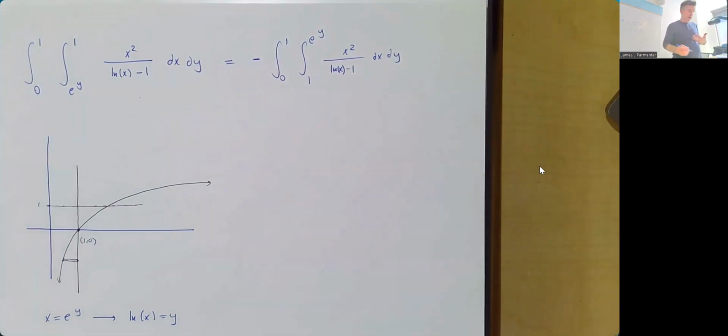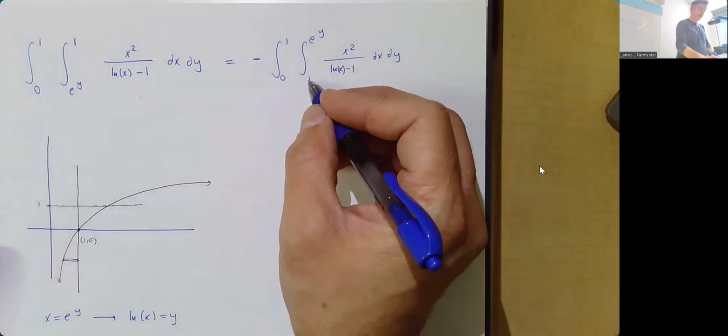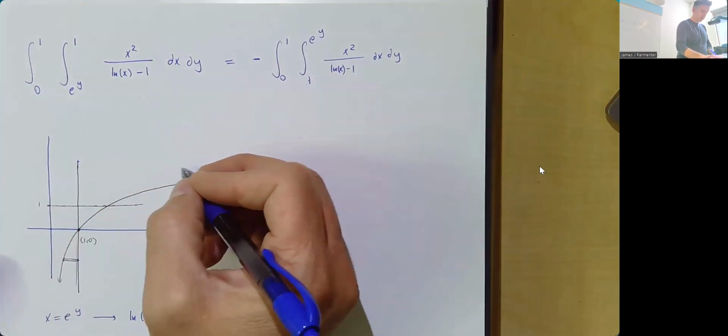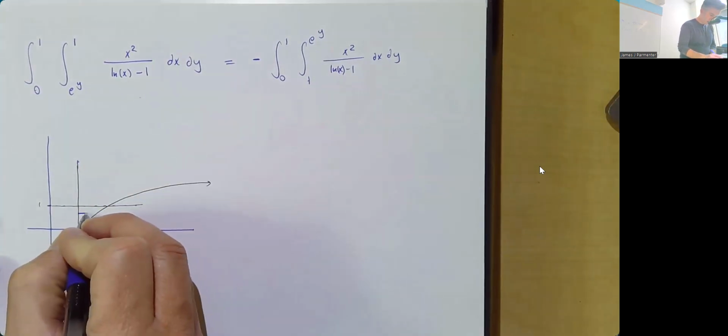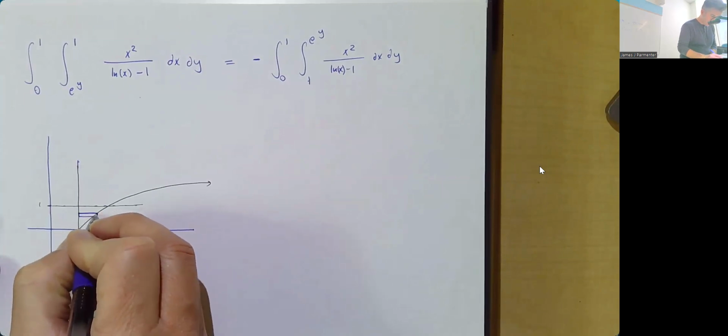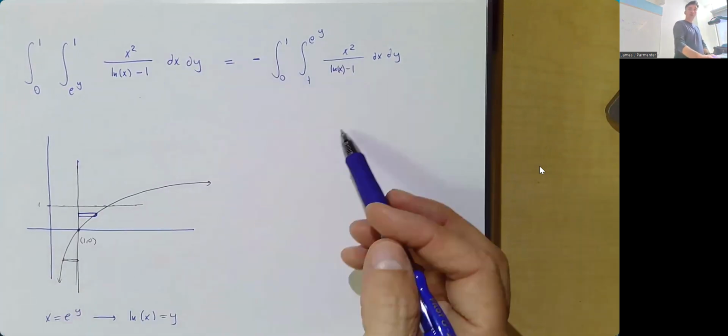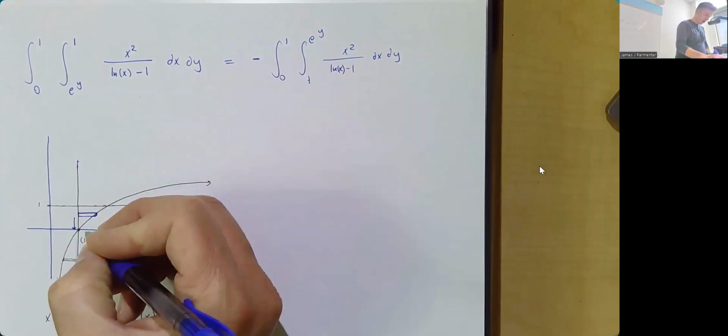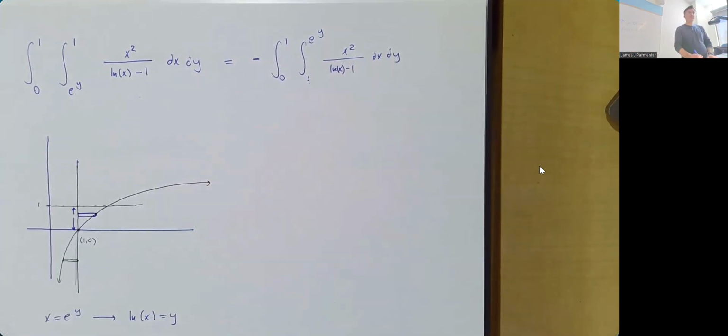It's still the same thing. And now this makes way more sense to me. My left boundary is x equals 1. My right boundary is x equals e to the y. So here's my horizontal strip for the way the integral is currently set up. And my strips go as low as 0, as high as 1. Cool.